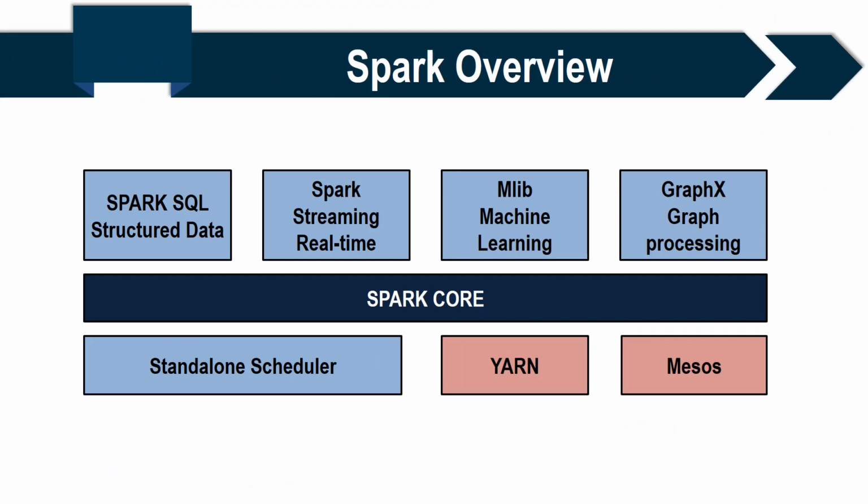So in the center, you see a big bar, which is Spark Core. And then on the top left, you have Spark SQL. We developers are now very familiar with querying structured data by writing SQL, structured query language. So Spark provides Spark SQL, using which you can query data very easily.